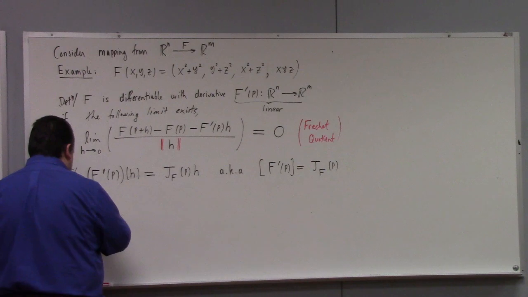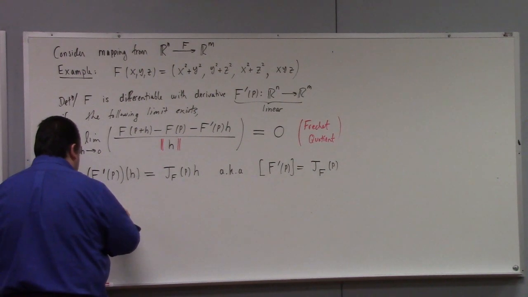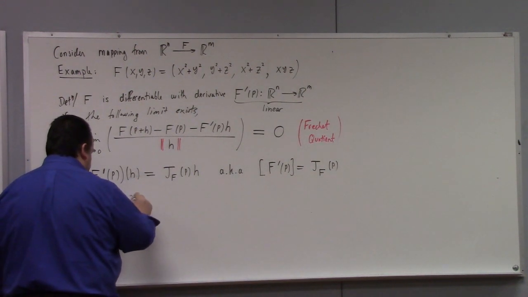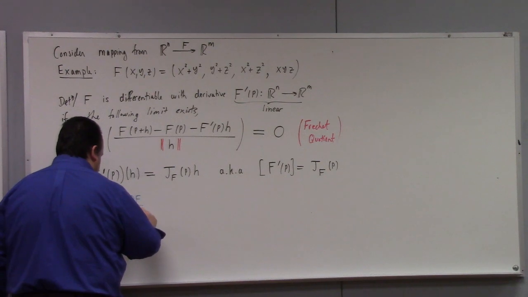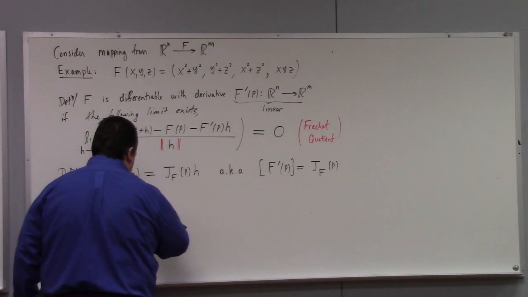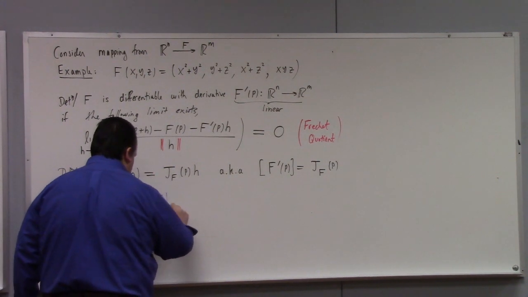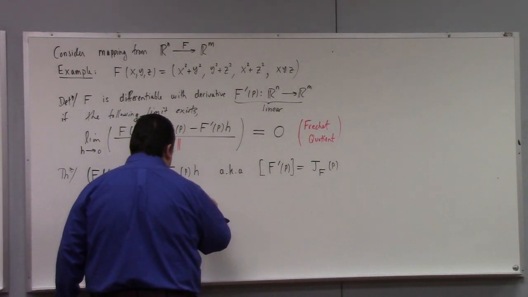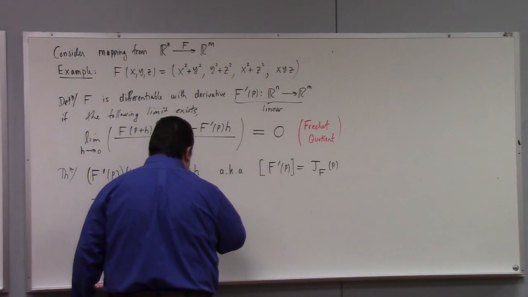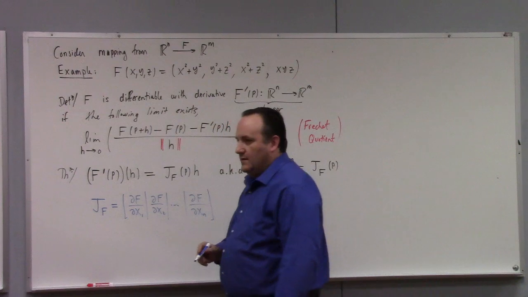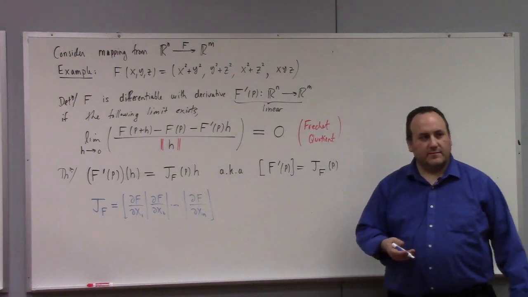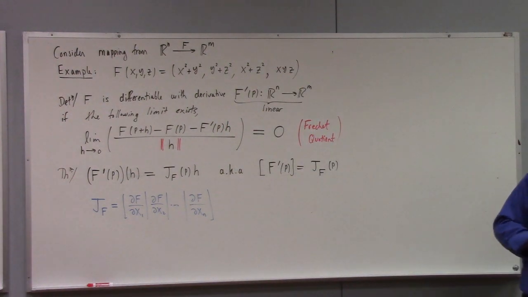So here's how it goes. The Jacobian matrix of F is straight up equal to partial F, partial x1, partial F, partial x2, through partial F, partial xn. That's the Jacobian matrix of a map. It's just that.